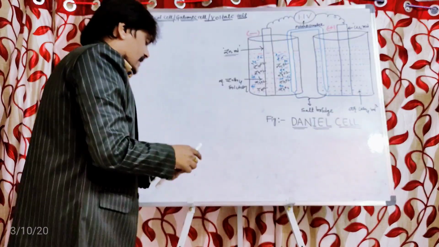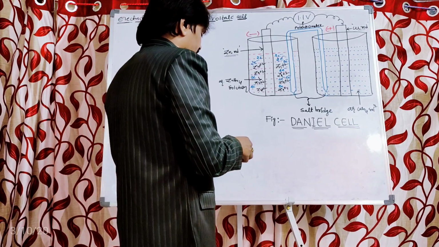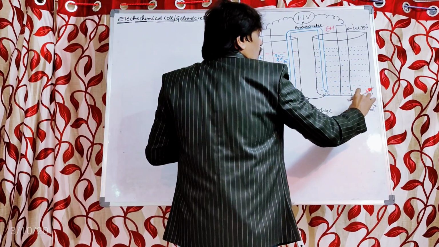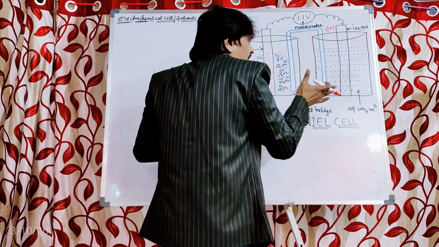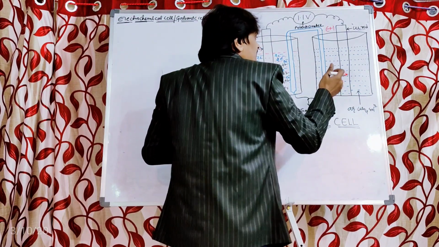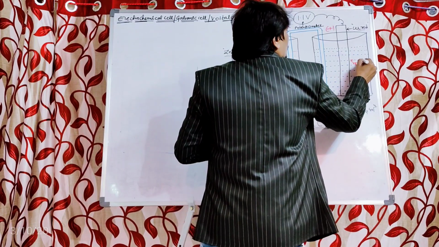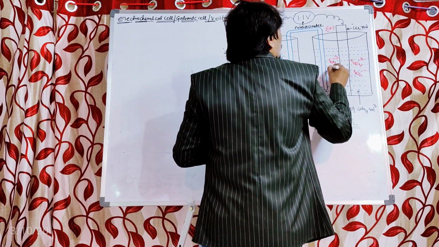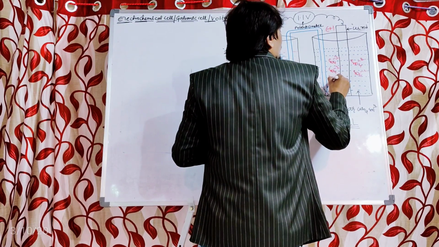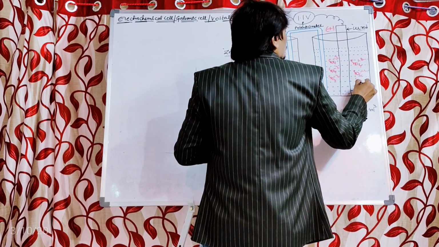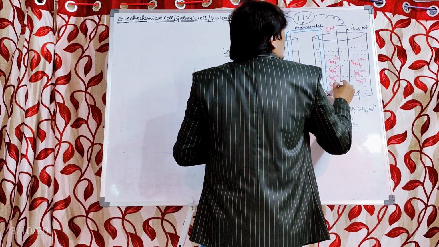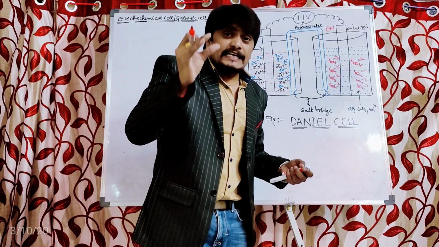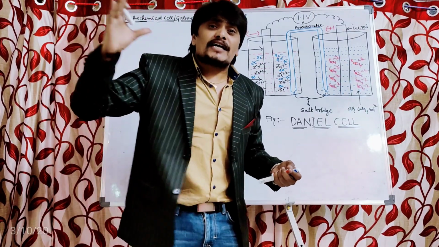On the other hand, what is happening here? Cu2+ ions and SO4 2- ions are there. Now, the copper compartment is releasing the sulfate ions out. SO4 2- means negative, that is, it is releasing negatively charged particles.